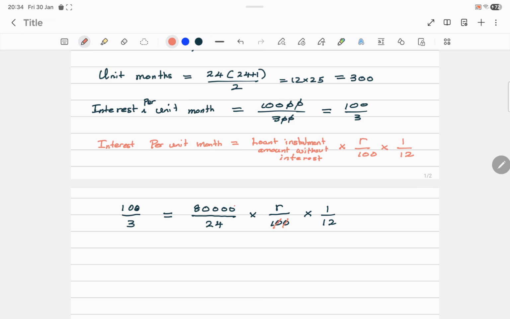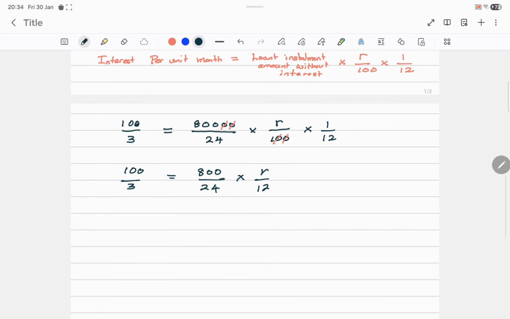You can cancel. 100 over 3, 800 over 24, times r over 12. Again you can do cancellations. The zeros cancel, so 1 over 3, and 8 over 24 is again 1 over 3.